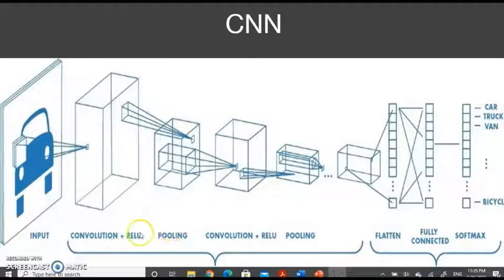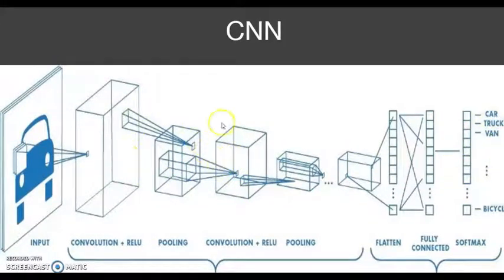The CNN has an input layer, hidden layers, and an output layer. The hidden layers themselves consist of two stages. The first is called the feature learning stage, and the second is called the classification stage.